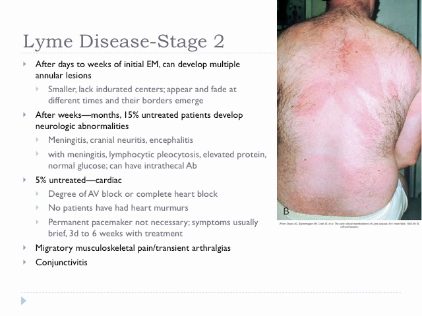The most common one is fluctuating degrees of AV block. You also can have complete heart block. These patients never present with any type of murmurs. And a common board question is that a permanent pacemaker is not necessary, even with a complete heart block. With treatment, the symptoms resolve in about a week. You can have migratory musculoskeletal pain, transient arthralgias, and conjunctivitis as well.